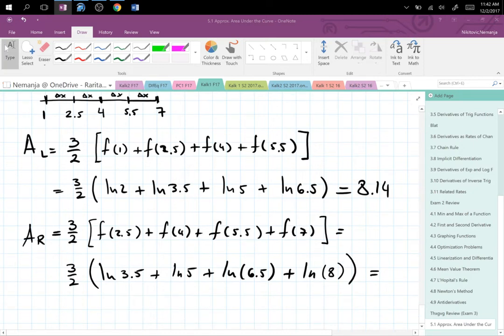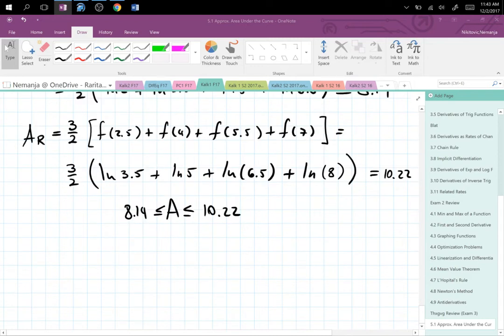I'm going to call the previous calculation and replace the first ln, which was ln 2, with ln 8. 10.22. So the true area is in between 8.14 and 10.22.